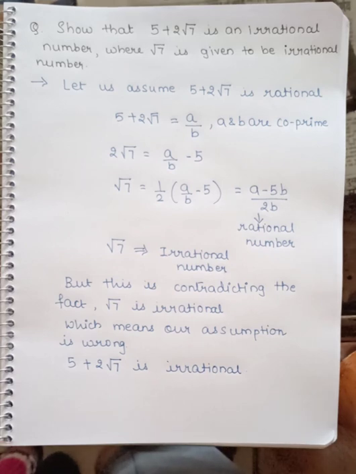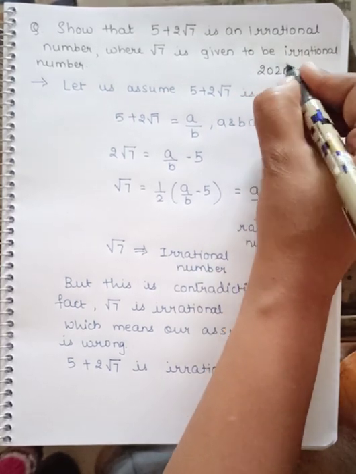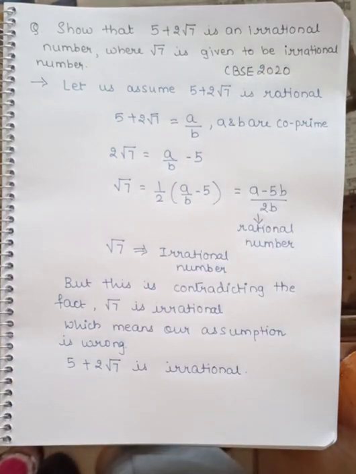Okay, so this is how the question is to be solved for showing any value to be an irrational number. Now this question was asked in the CBSE 2020 exam. Let us take 2-3 more examples of such type.